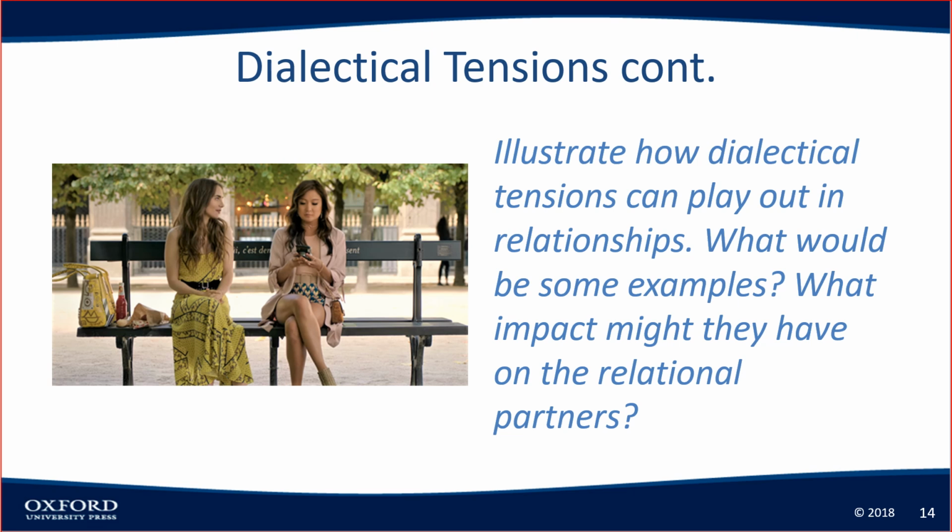So dialectical tensions are strategies that help us keep our relationships strong, and they're healthy. They're healthy because they include compromising, denial, accepting, reframing, and reaffirming. So some of these examples that I've mentioned briefly can impact all of our relationships.